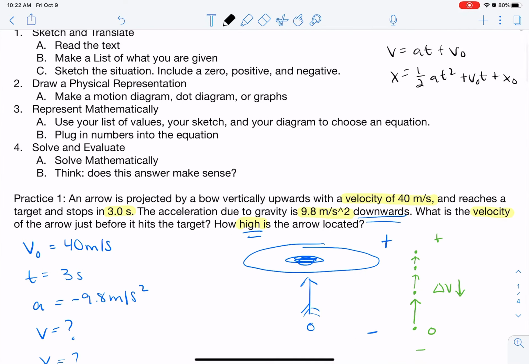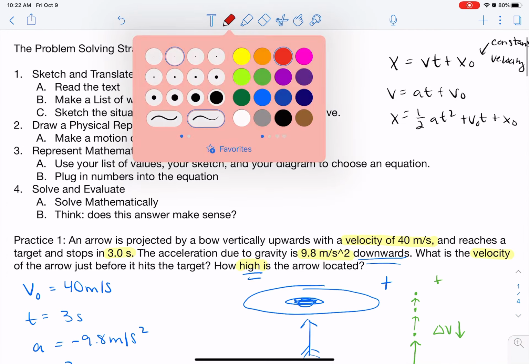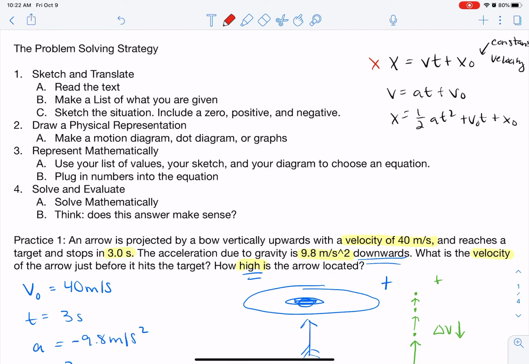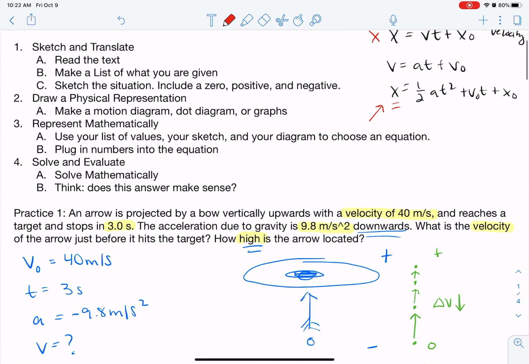I know I can't use the constant velocity one because our velocity is changing, we have an acceleration. I might like to use this one, but I can't because I don't have this, and I also don't have, oh, maybe I can.